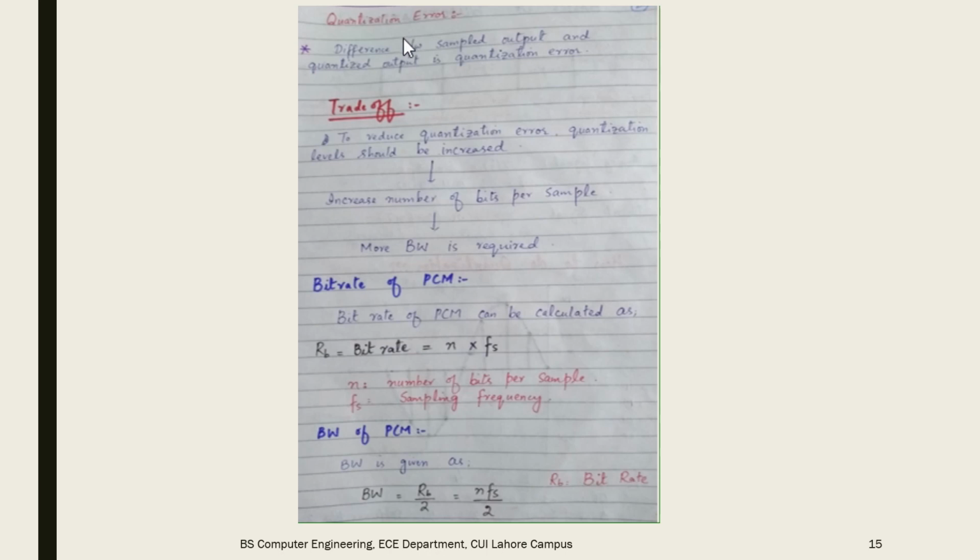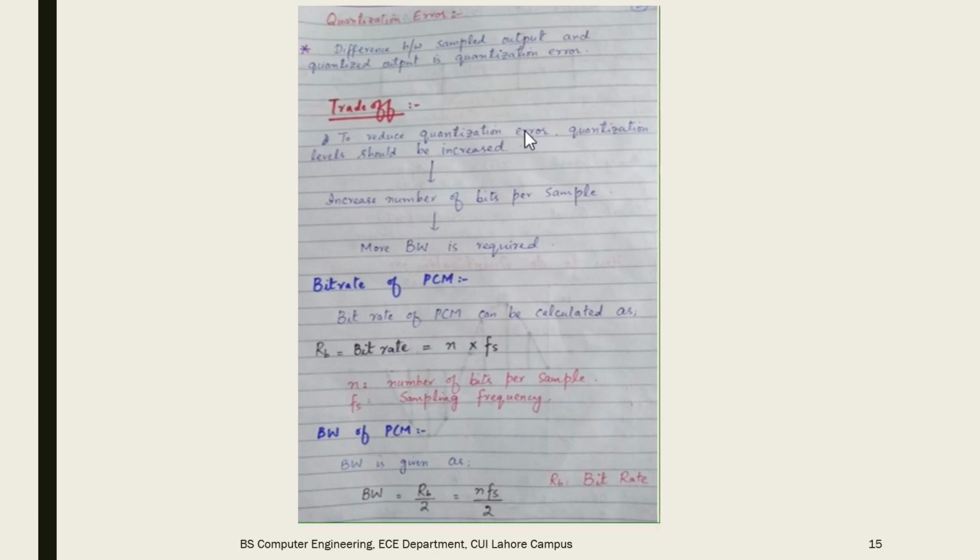The quantization error is therefore defined as the difference between the sampled output and the quantized output. So we want to reduce this quantization error while performing discretization of the amplitude axis. So now the question is, how can we reduce quantization error? One person can say that if we increase the quantization levels, then the quantization error will be reduced, but this is not the ideal scenario, because there is a trade-off between quantization error and bandwidth.